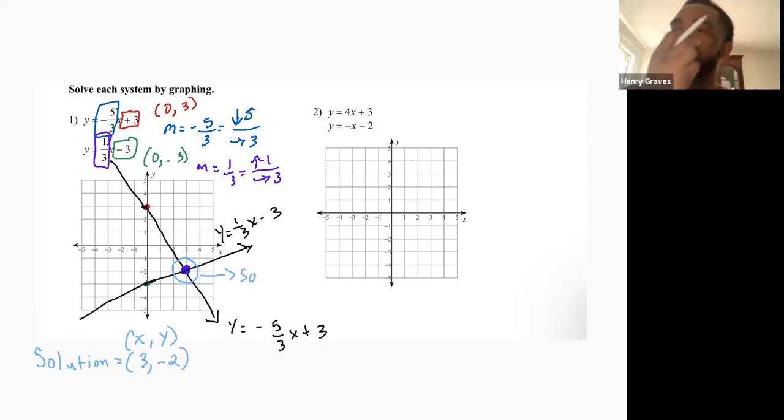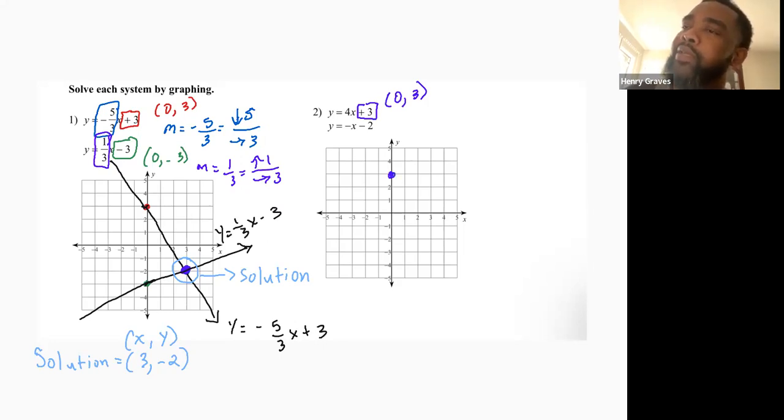I'm going to do number 2. Again, I start by looking at where I start. At the 3 here, so I'm going to start at (0, 3). That's going to be my y-intercept. Now, we have a 4x, so that means m is equal to 4. So I'm going to go up 4, and if I put a 1 under it, I can just go to the right 1.